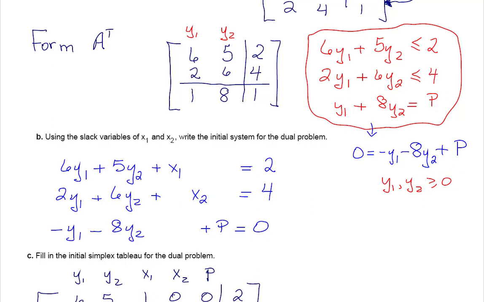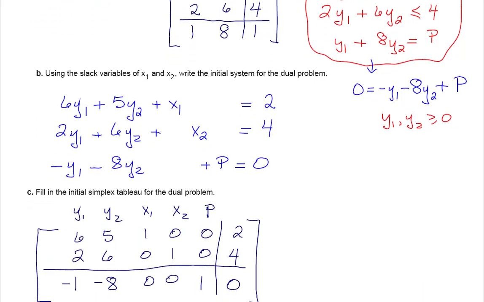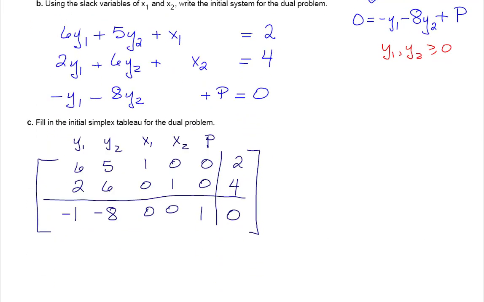If I put this in my simplex table, here's the columns for y1, y2, x1, x2, and P. Now just grab all the numbers. 6, 5, 1, 0, 0, 2.